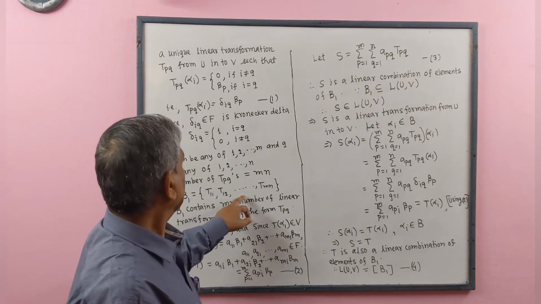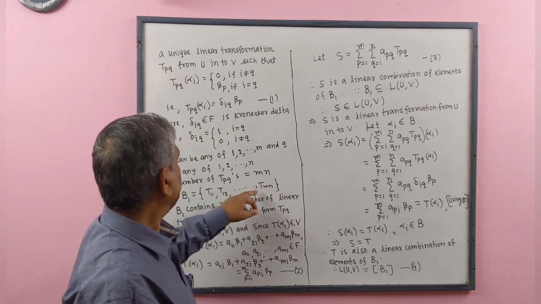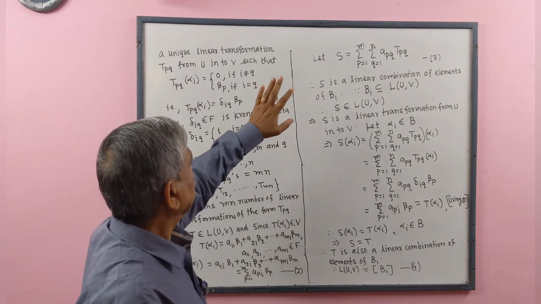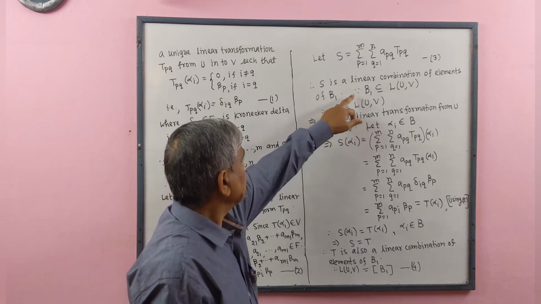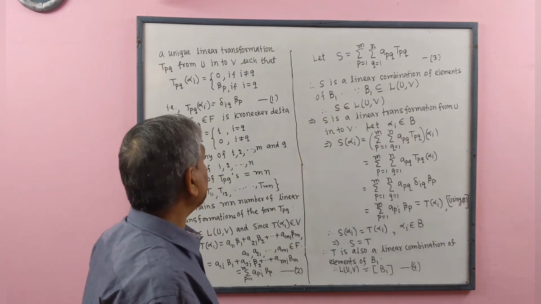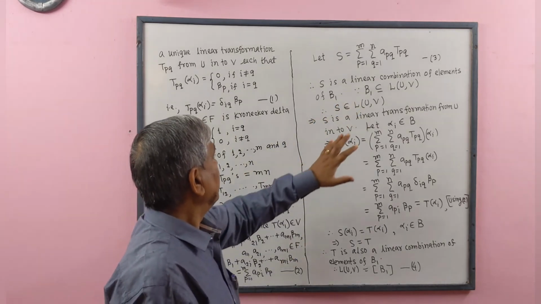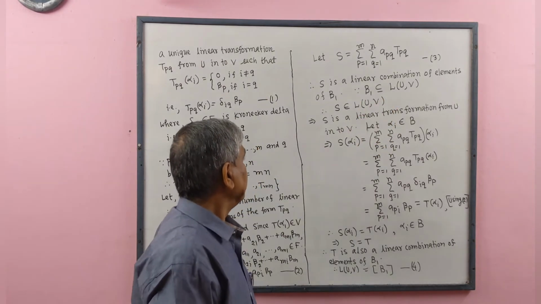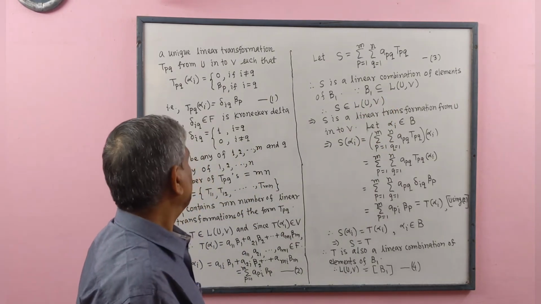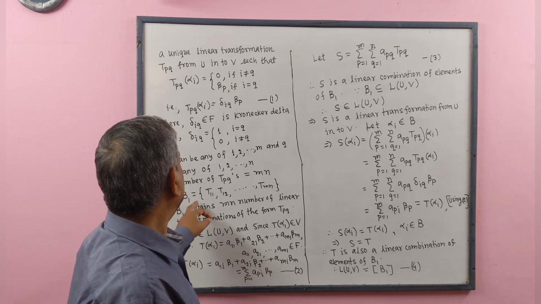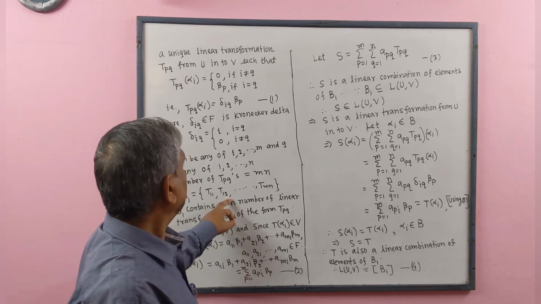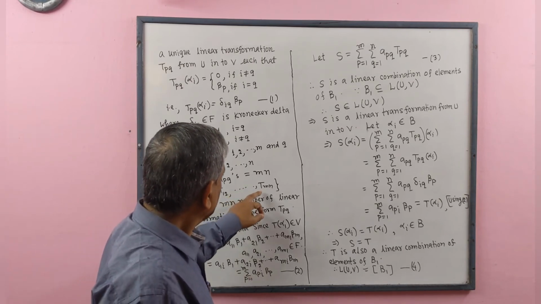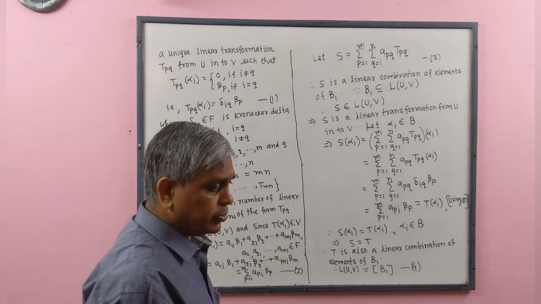Here, elements of B1. Since B1 is a subset of LUV, each element of B1 represents a linear transformation.